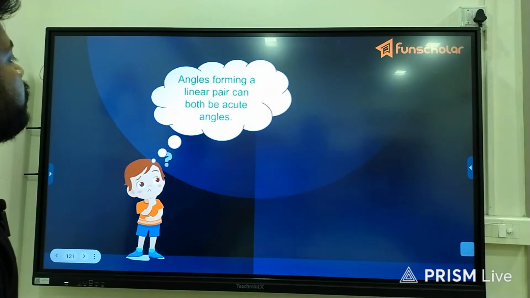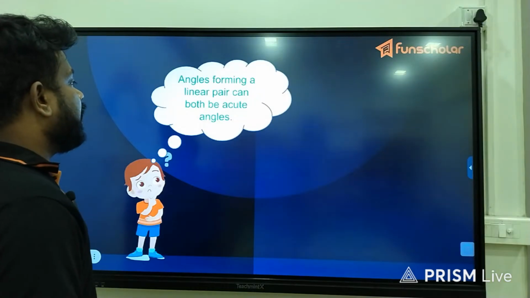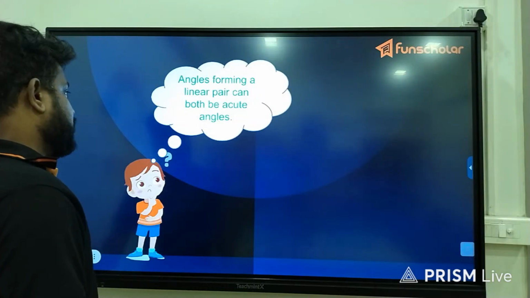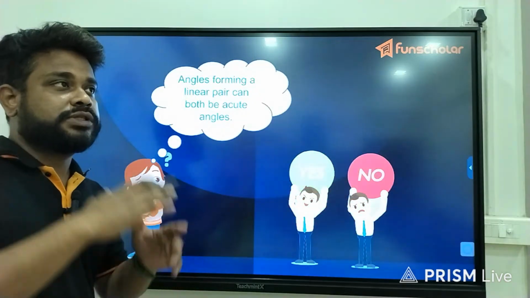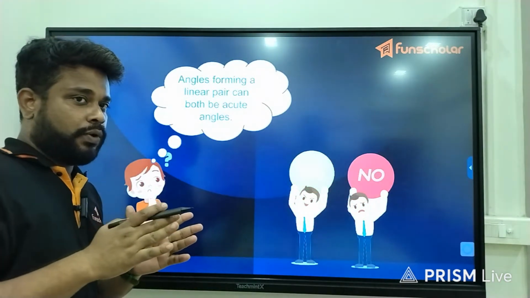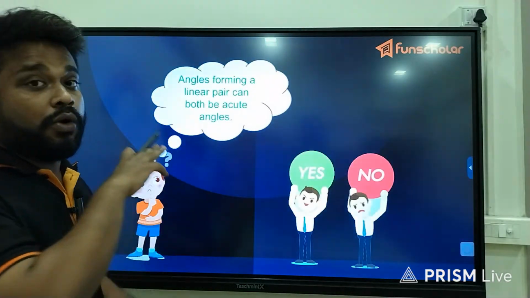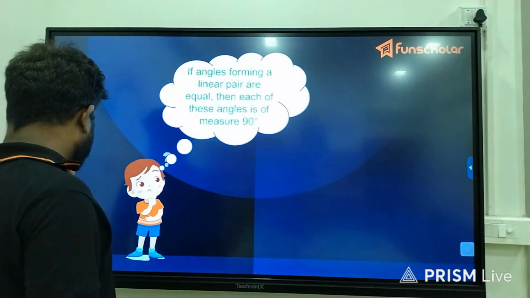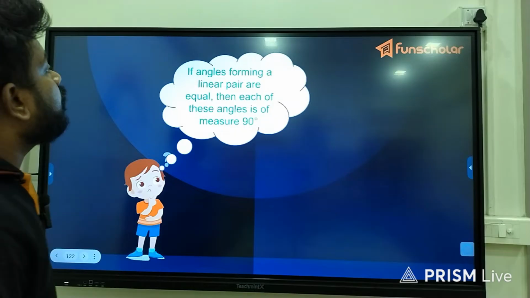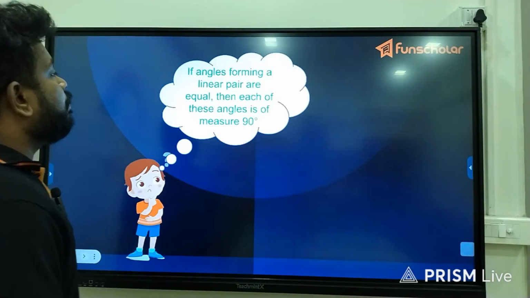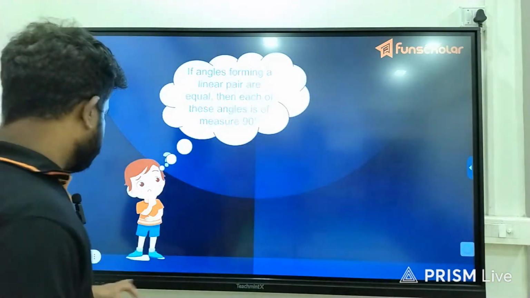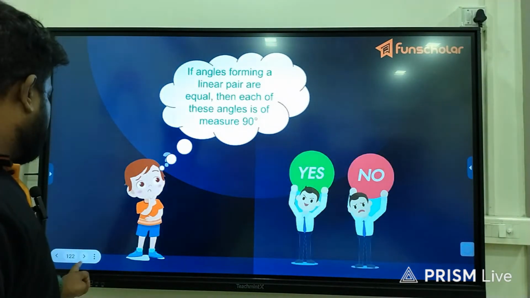Next, angles forming a linear pair can both be acute angles. No, they can't be, because they have to form 180 degree. One can be an acute angle, but not both of them. It is a no. If angles forming a linear pair are equal, then each of these angles is of measure 90 degree. Obviously, we have already discussed it. It will be yes.